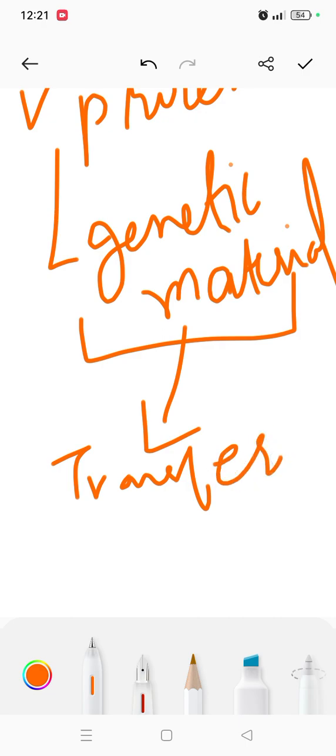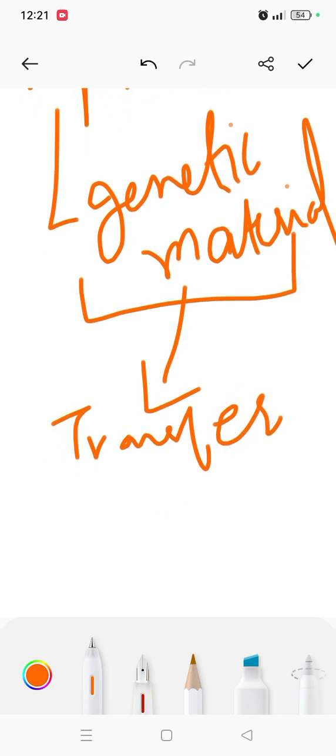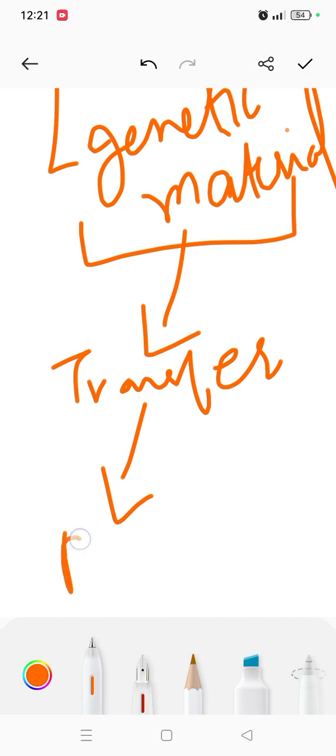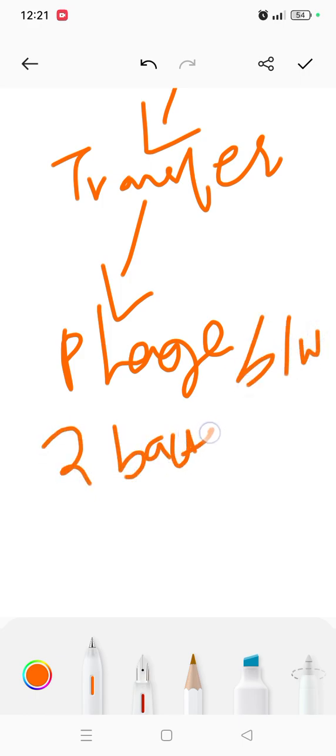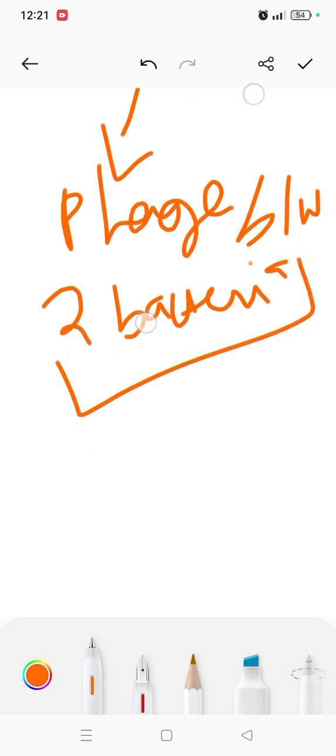It is transferred by a phage between two bacteria. That simply means transduction.